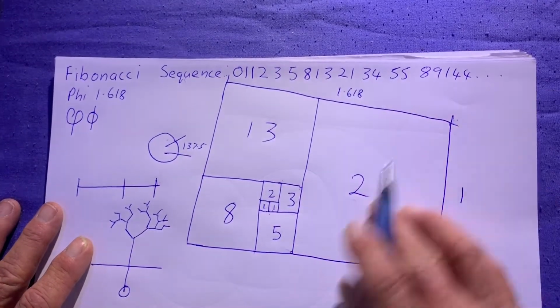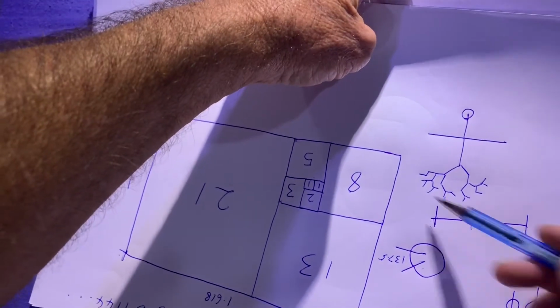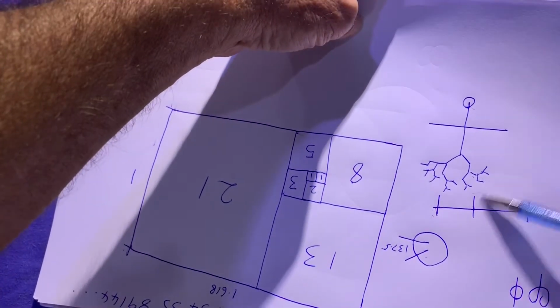And continues. If you were to follow that all the way, it would keep going and get more complex and would turn out to be what is in your lungs.